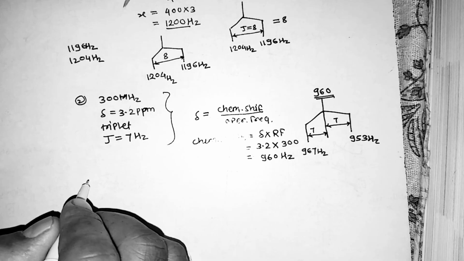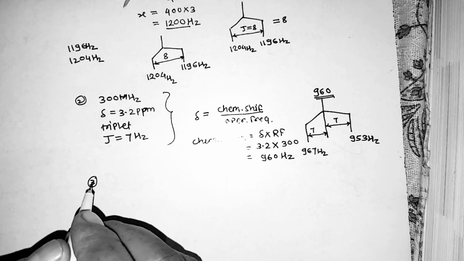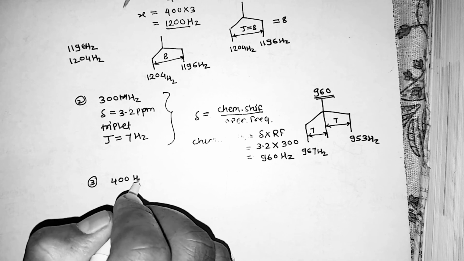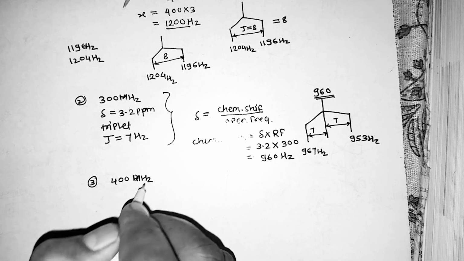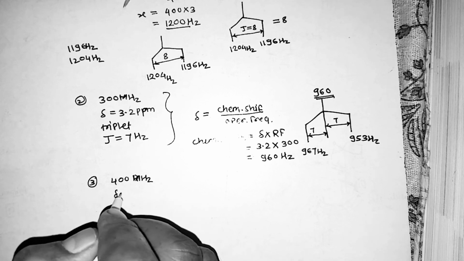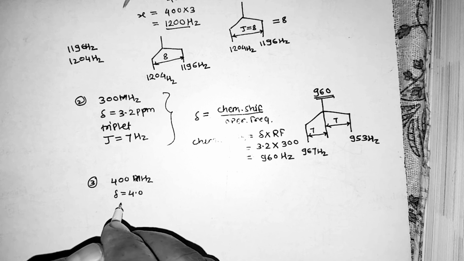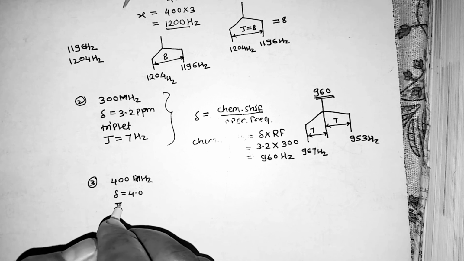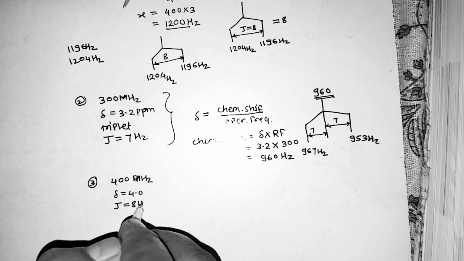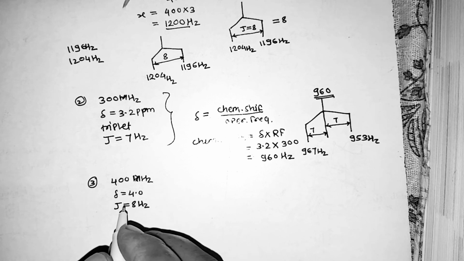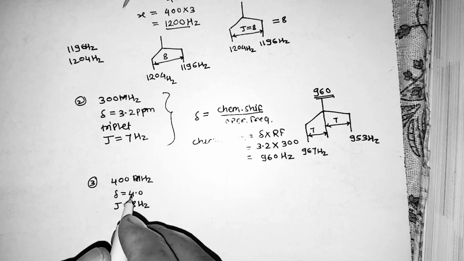Another example is, suppose you are given radio frequency 400 megahertz, delta value is given as 4.0 ppm, coupling constant is given as 8 hertz, and the signal is given as a doublet triplet.